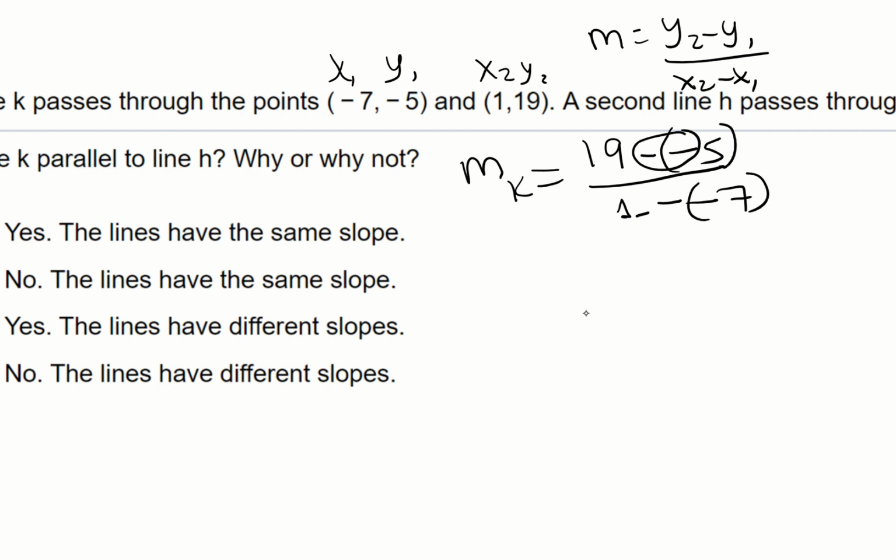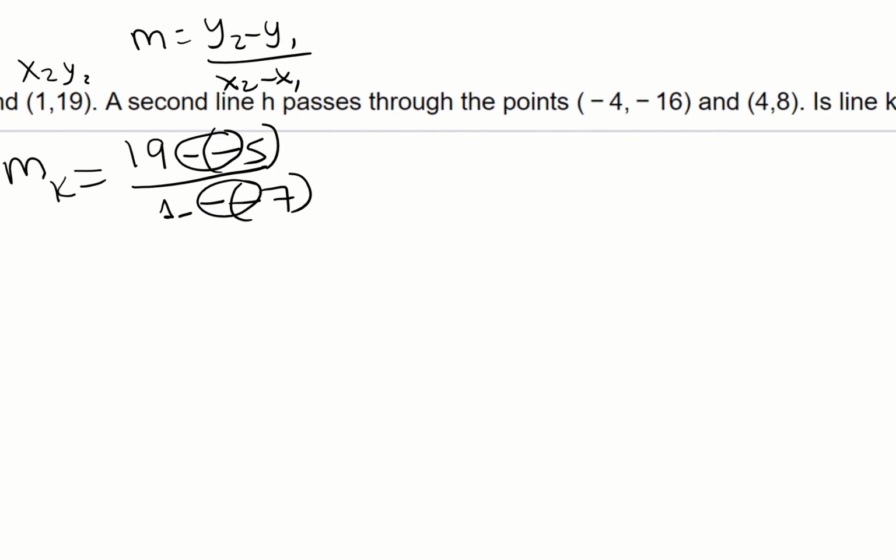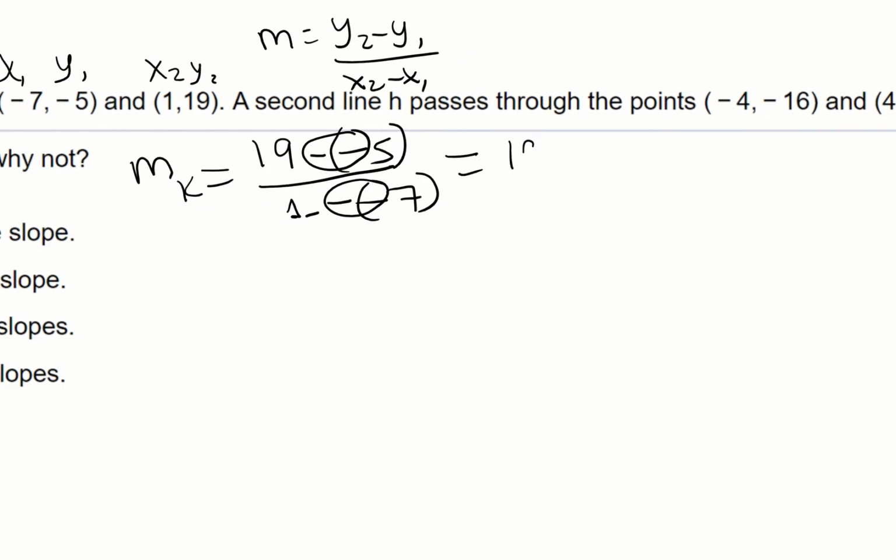We've got a double negative here, which turns into a positive, so that becomes 19 plus 5 over 1 plus 7. That's 24 over 8, and 24 divided by 8 is 3. So the slope of line K is 3.